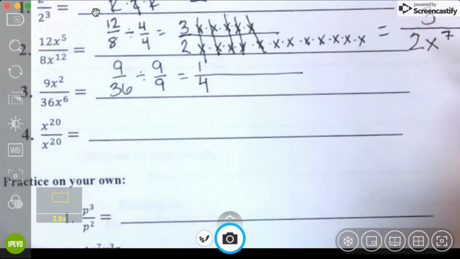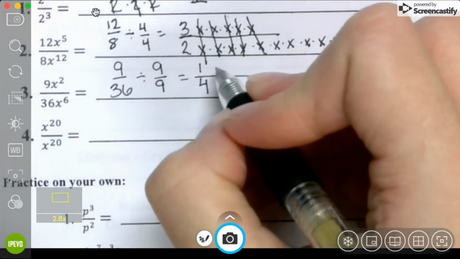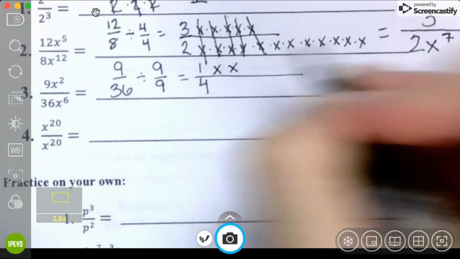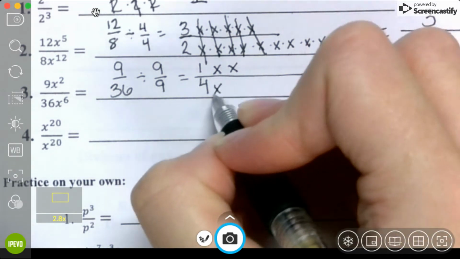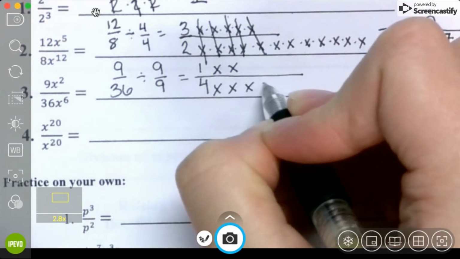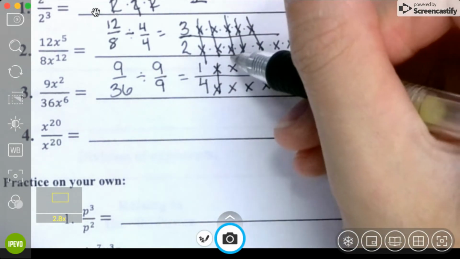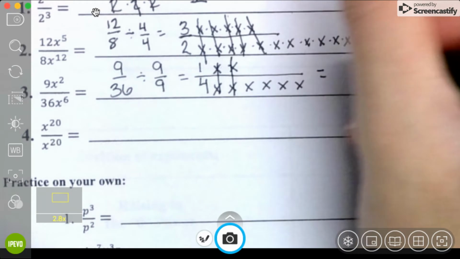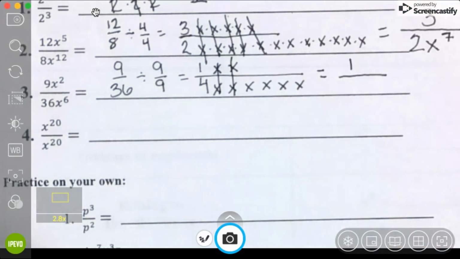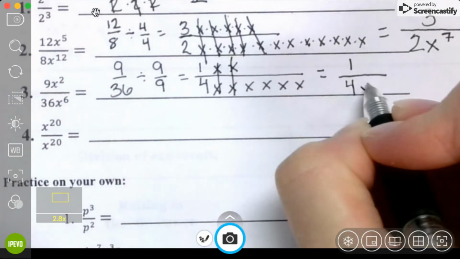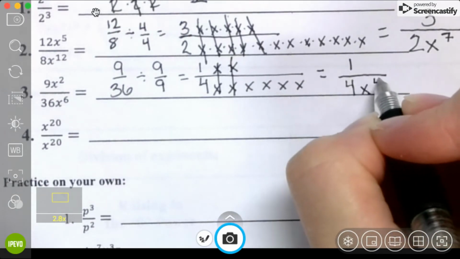And 4 on bottom. How many x's are on top? 2. How many x's are on bottom? 6. That makes a 1 pair. That makes a 1 pair. So I'm left with only a 1 on the top. I'm left with a 4 on the bottom. And x to the what? 4th power. Good.